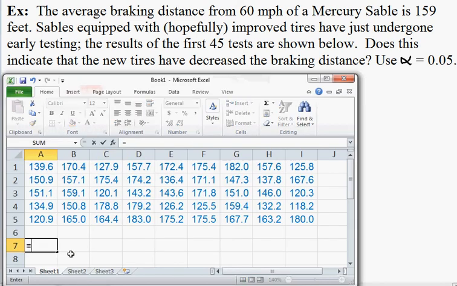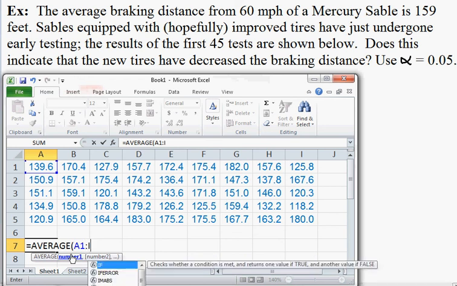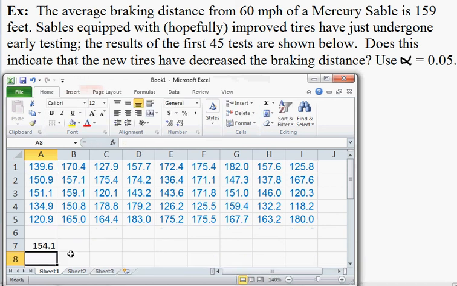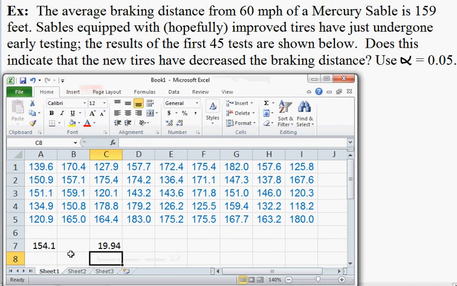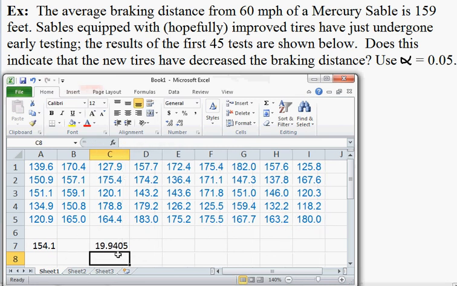Okay, now let's work out what those numbers are. The average of the 45 tests is 154.1, and the sample standard deviation of these tests is 19.94. Let me get a couple more decimal places, 19.9405.